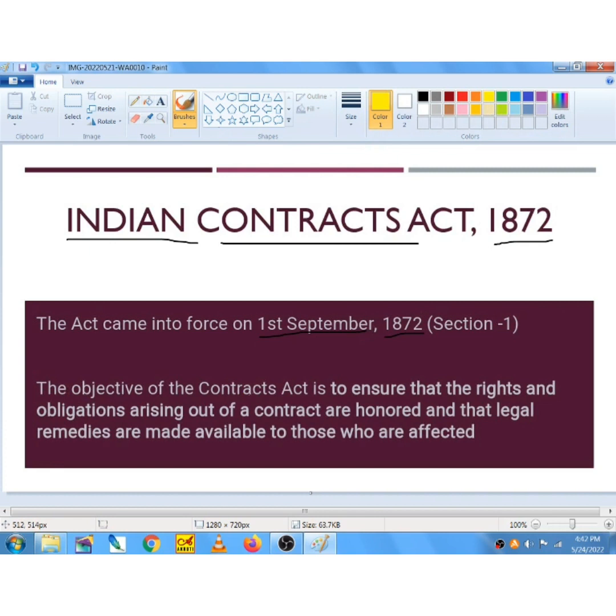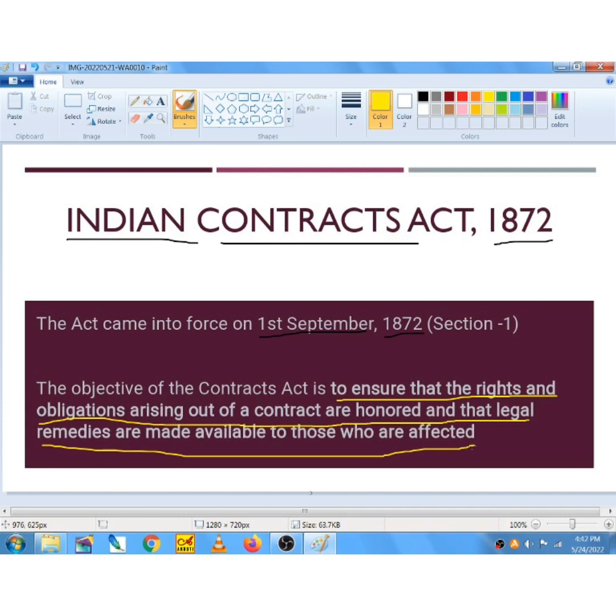So the objective of the Contracts Act is to ensure that the rights and obligations arising out of a contract are honored and legal remedies are made available to those who are affected. So what this means is, like, you and me, we enter into a contract. I want to sell you 100 bags of rice. We agree that you will pay this price and I will supply you the rice.